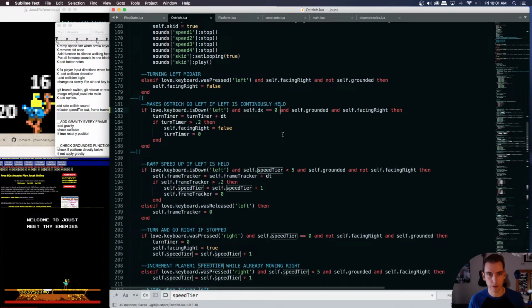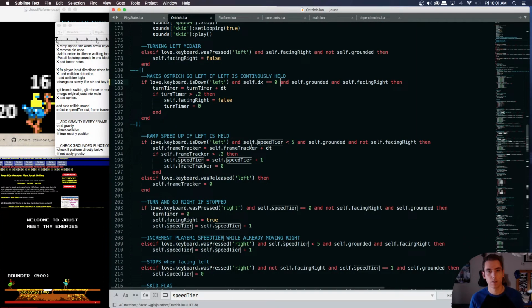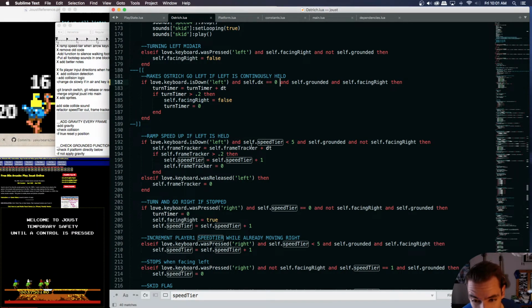And then Love.keyboard is down left, and speedTier is less than 5. Wait.